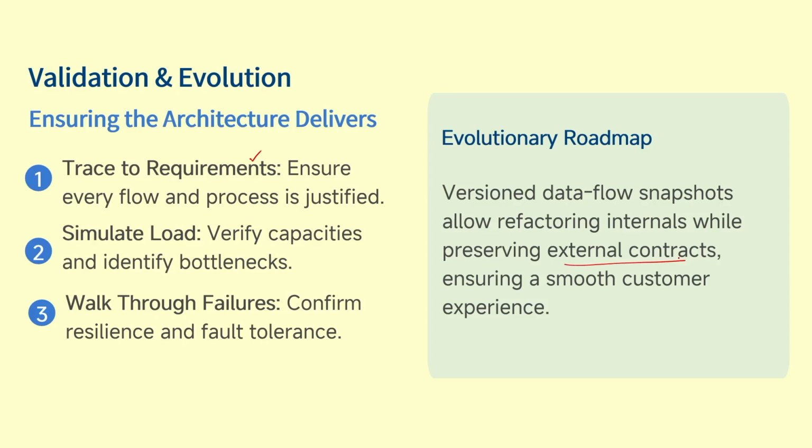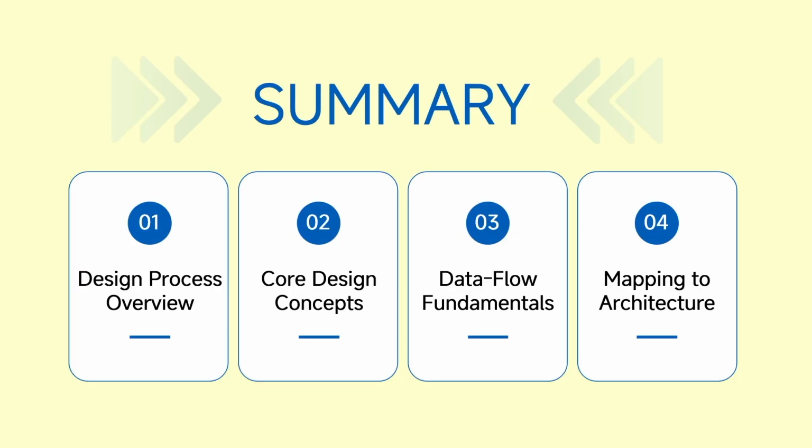and it is also going to preserve the external contract. So, as a summary, in this lecture we have understood the overall process, how it goes on, and we have understood the design concepts like abstraction, modularization, coupling, cohesion and all, which is very important when considering a software design. And then we went to the data flow fundamentals, the data flow diagram.